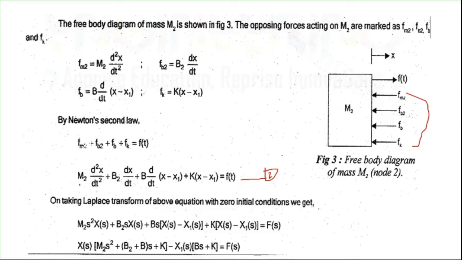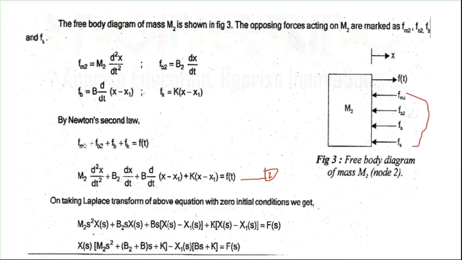What will be the Laplace transform of this term? M2 into s square into x of s. This term, B2 into s into x of s. This is B into s into x of s minus x1 of s, plus k into x of s minus x1 of s. On the right hand side, this is f of s.